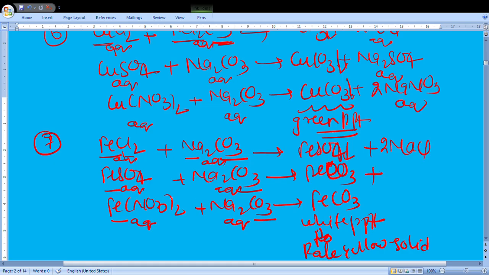Second, 2 Na and SO4, you will get Na2SO4, and third, 2 Na and NO3, so you will get 2 NaNO3. They will remain in the form of aqueous solution. In this way we are able to prepare insoluble salts from soluble salts.